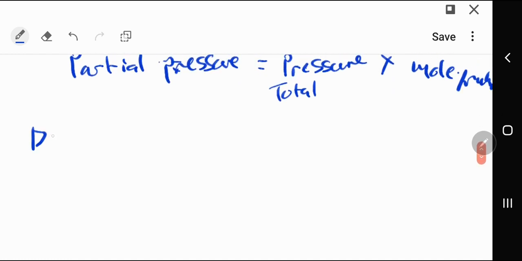Now Dalton had a law, I believe. I don't know if it's a law statement.